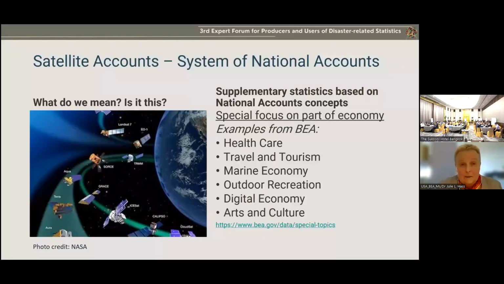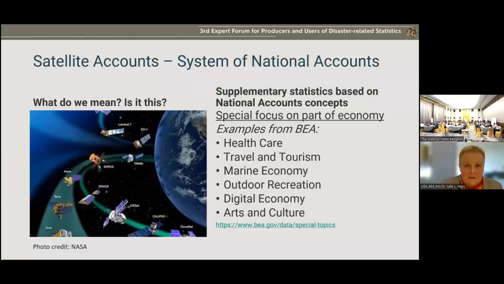Now, I went up with a picture in my head that I thought we were going to count satellites. Norwegian wasn't my first language, so I went up and talked to Knut, and he was very patient and tried to explain things to me, but we weren't communicating. I soon found out we were not counting satellites, but we were simply going to develop supplementary statistics based on the national accounts concepts.